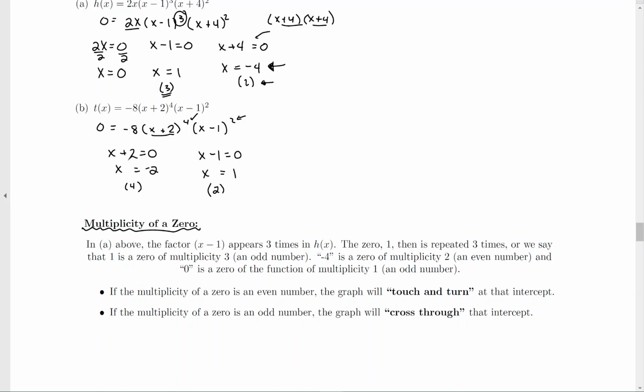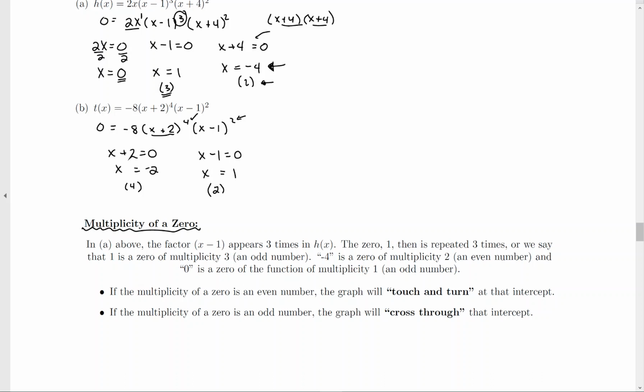It would have shown up twice as an answer. It's an even number. And 0 is a 0 of the function of multiplicity 1. It only showed up 1 time. The power on 2x was 1. So it has a multiplicity of 1, or an odd number.